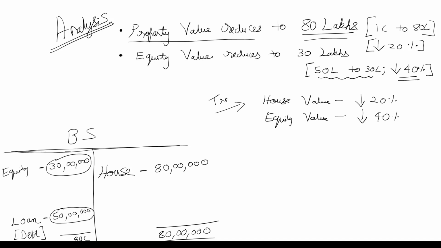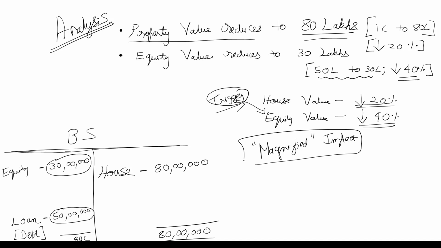The trigger is the house value changing, and you can find the impact of this trigger on equity value because equity value also changes, but you will see again this magnified impact. Why magnified? Because a 20% trigger has led to a 40% effect. So that is what I call again the magnified impact.